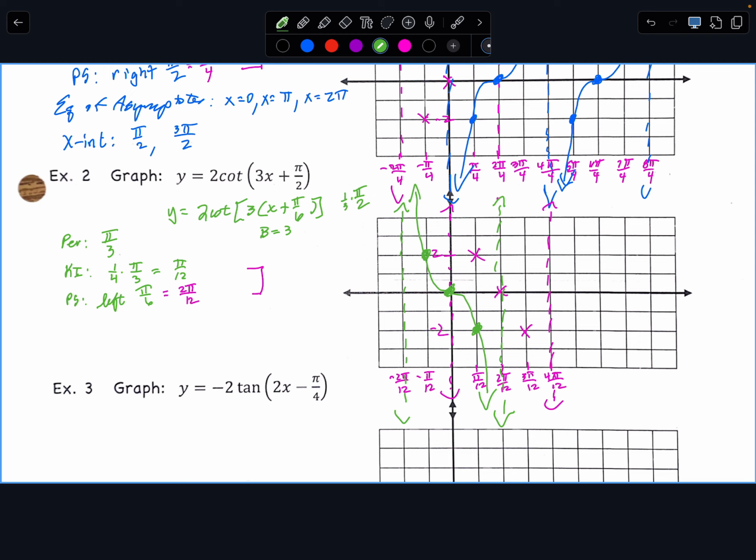And continue the pattern. When you skip over the asymptote on the right, you start at +2, then to 0, then to -2, and the next increment will be another asymptote. So we have a 5 pi twelfths here and a 6 pi twelfths.